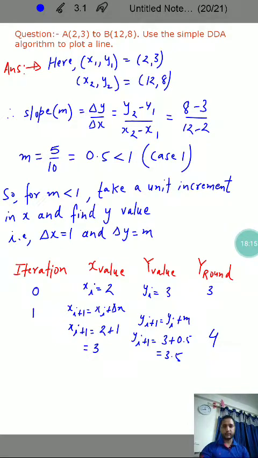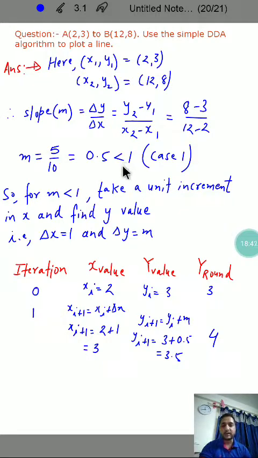In order to solve the question, first of all find the slope depending upon the coordinates. The slope is delta y by delta x, that is y2 minus y1 divided by x2 minus x1. That is 8 minus 3 divided by 12 minus 2. When you solve this, it will be 5 by 10, that is 0.5.